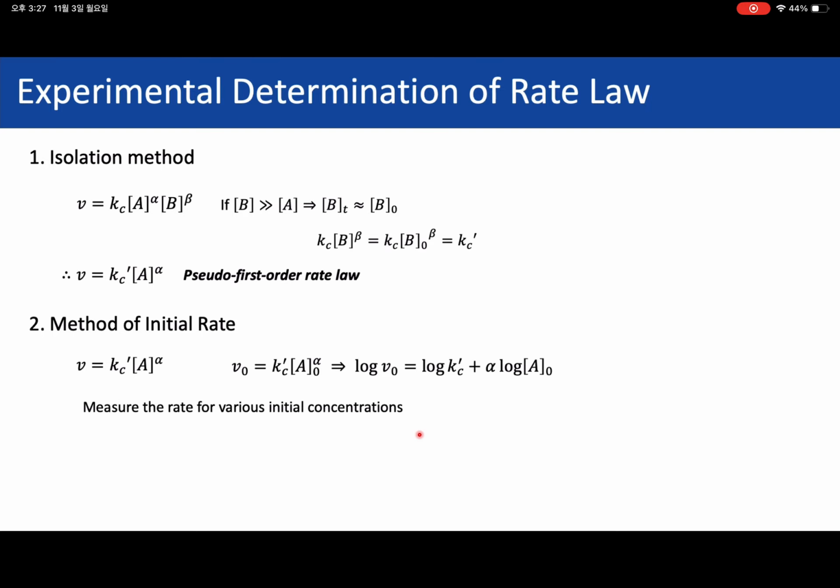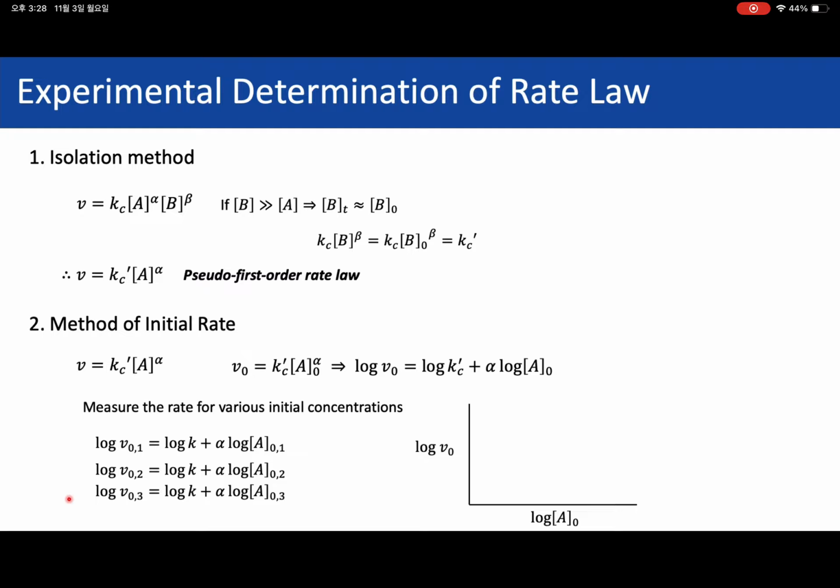And if we measure this rate for various initial A concentrations, of course this A0 is much smaller than the concentration of B, then we can obtain, like, these 3 data points. This is the initial concentration 1, 2, 3, and this is the corresponding rate of reaction.